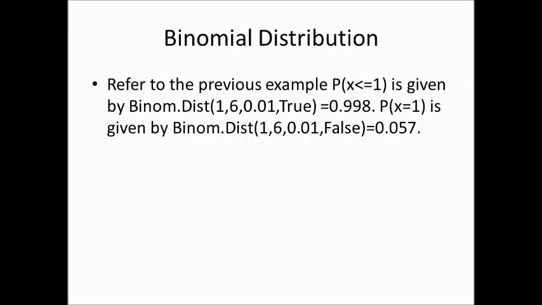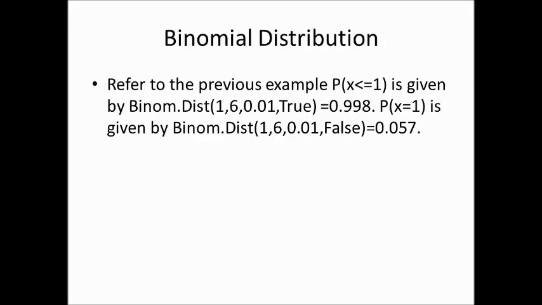So we'll use the binomial distribution. We'll put the first field as 1 because we are interested in 1 success, though it's 1 or less, we're coming to that. 6 independent trials, value for the parameter p is 0.01. By setting the 4th field as true, you are finding the cumulative probability for 1 or less number of defectives.